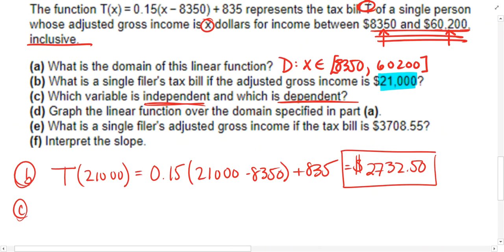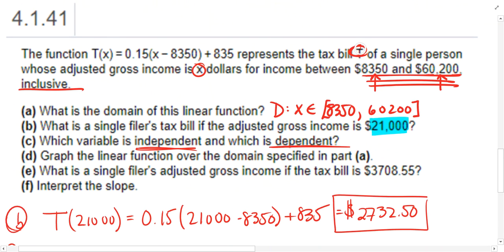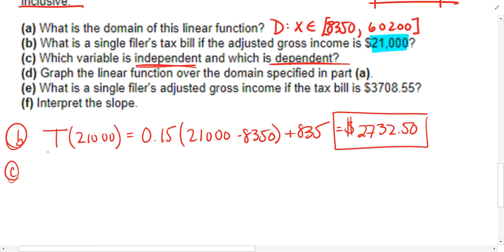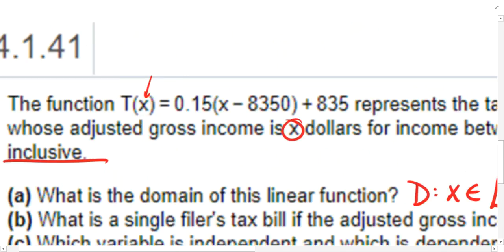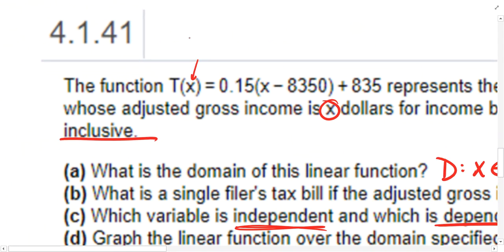Well, the variables that we're dealing with are the letters that change, t and x, and most of the time x is our independent variable, and in this case that's also true. But it's also easy to tell when we look at the definition of the function itself. The variable inside the grouping symbol is always the independent variable, and the variable on the outside is always the dependent variable.